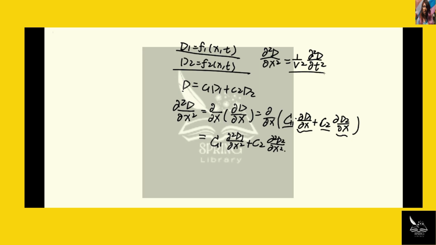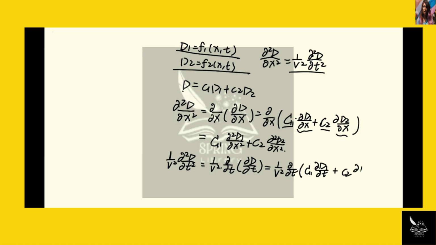And we can do the same to the other side. Over v squared, and we have the second derivative with respect to t, which is equal to c1 times the derivative of d1 with respect to t plus c2 times the derivative of d2 with respect to t.